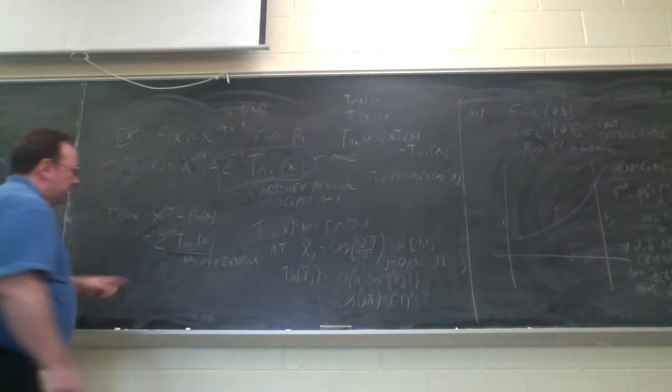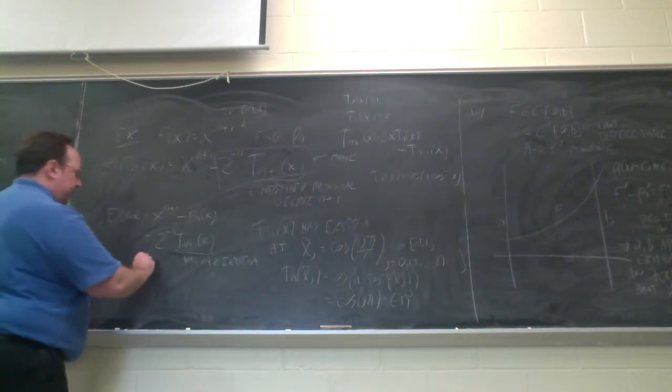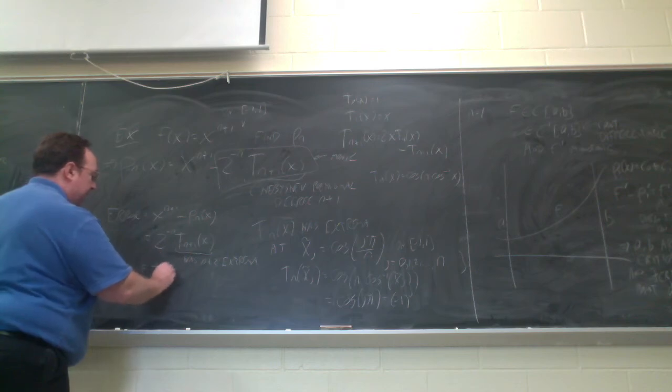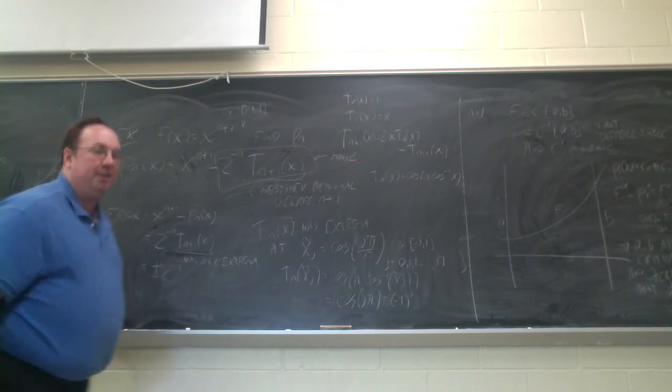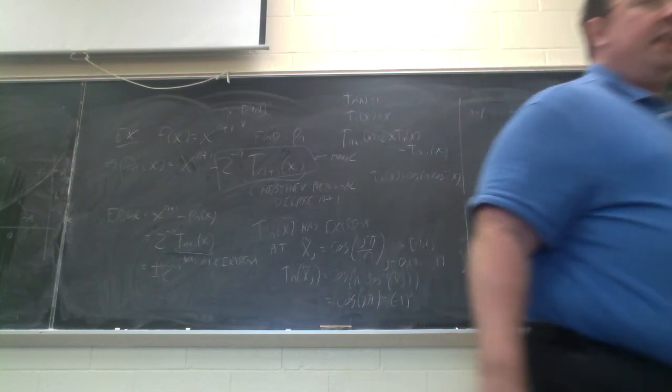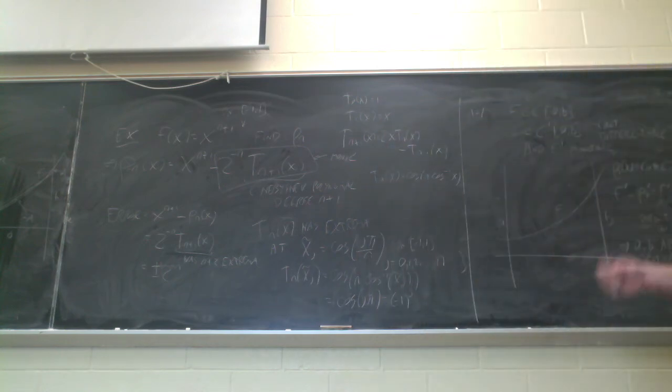So the error is equal to plus or minus 2 to the minus n. And we have n plus 2 points at which the maximum error is reached, and it keeps alternating signs, so it satisfies all the conditions of the oscillation theorem.